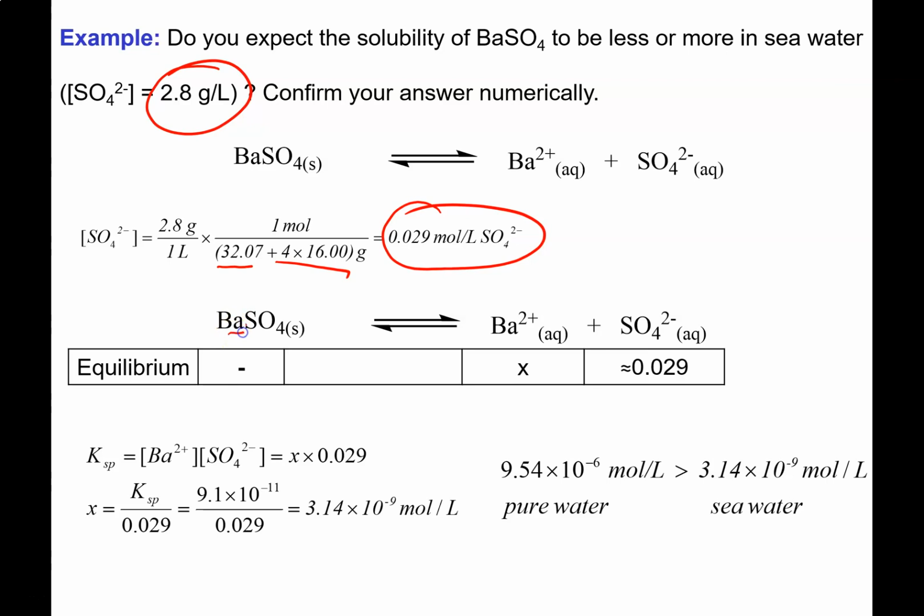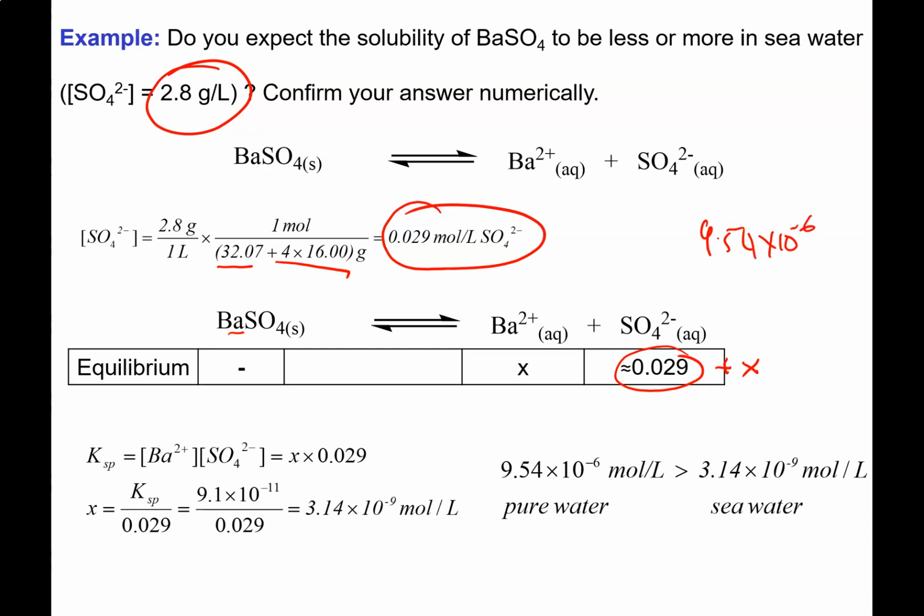So when I take my barium sulfate and put it into water and allow it to come into equilibrium, for every X moles of barium sulfate that dissolve, I'll get X moles of barium ions. Now the concentration of my sulfate ions started at 0.029, and then I'm going to add a little more. Remember that even when it was fresh water, the little bit extra that I was adding was just 9.54 by 10 to the minus 6.